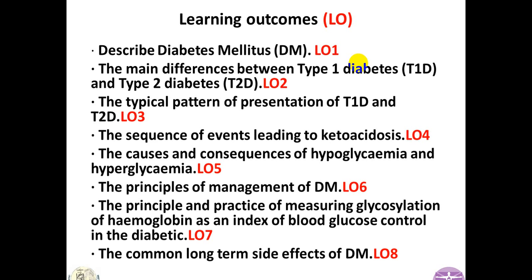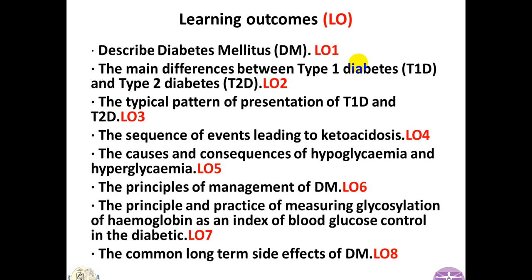And I will talk about the sequence of events that will lead to diabetic ketoacidosis, a very serious problem. And I will talk about the causes and the complications of chronic hyperglycemia as well as hypoglycemia.